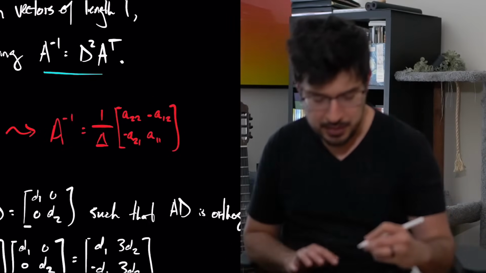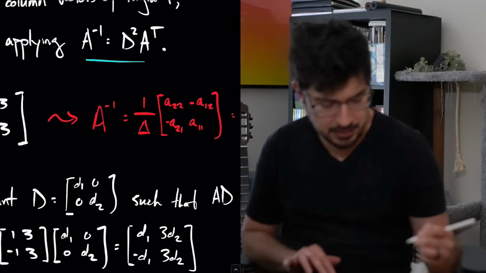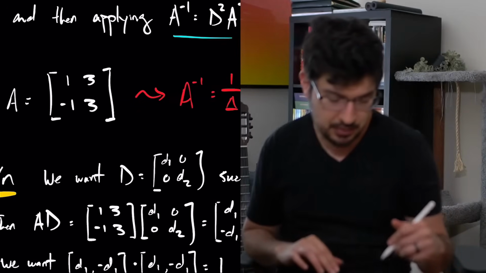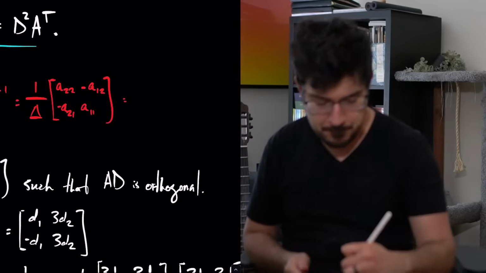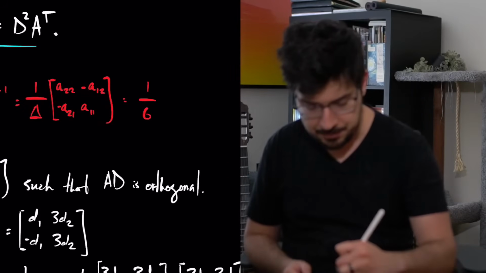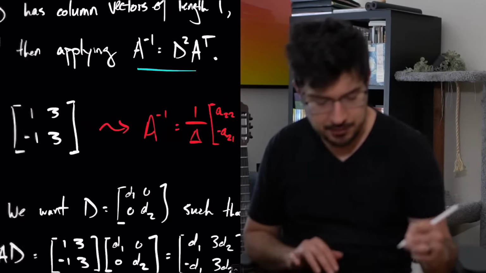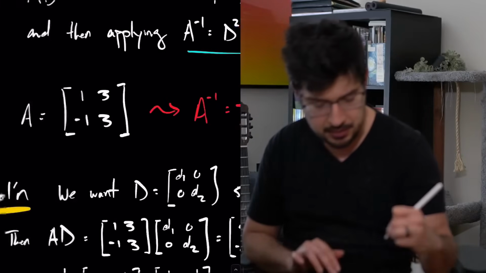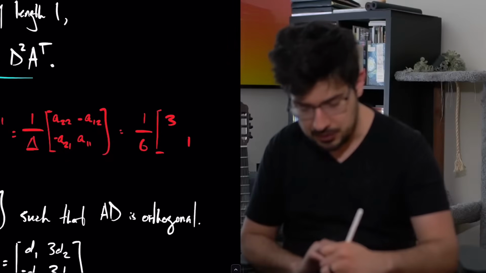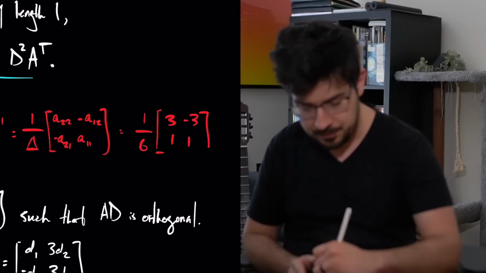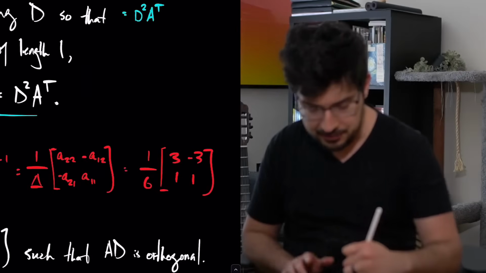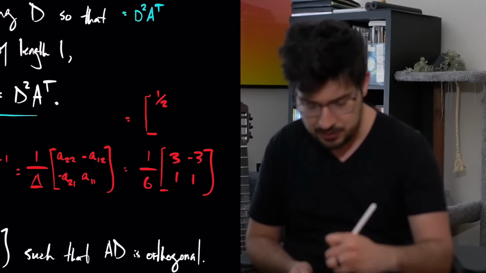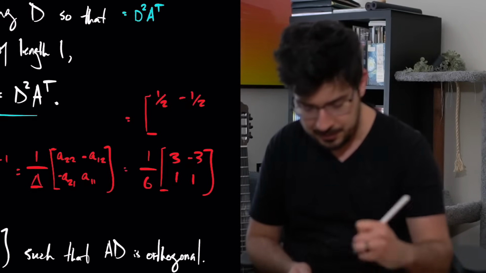Does this work as well? The determinant of this matrix would be 3 plus 3, which is 1/6. Swapping the elements, we have 3, 1, negative 3, positive 1. So this is way faster, dude. Why did we just waste all our time? Don't I have better things to do with my life right now?